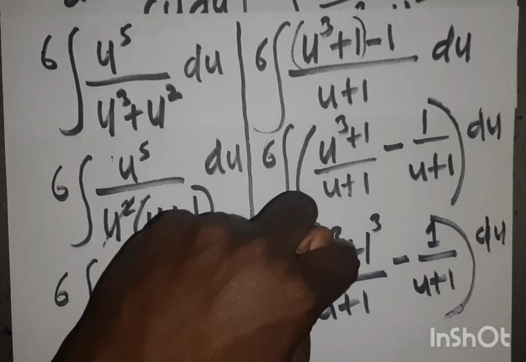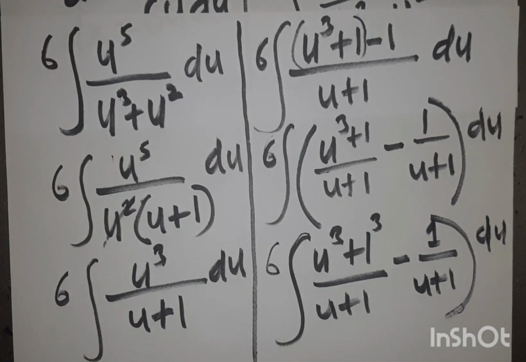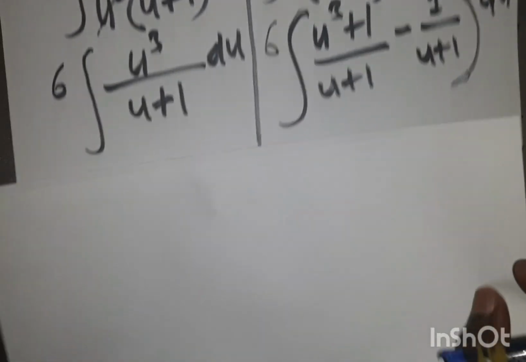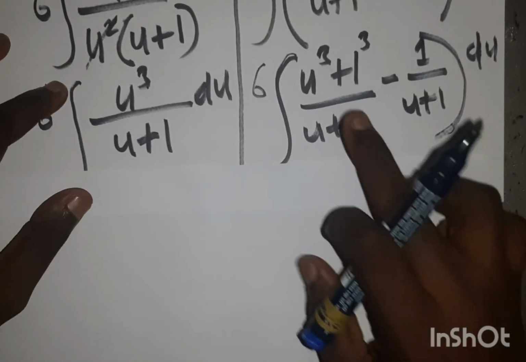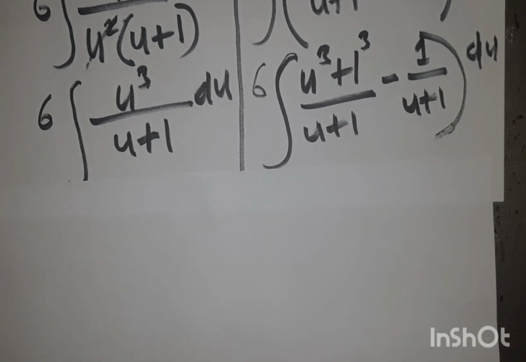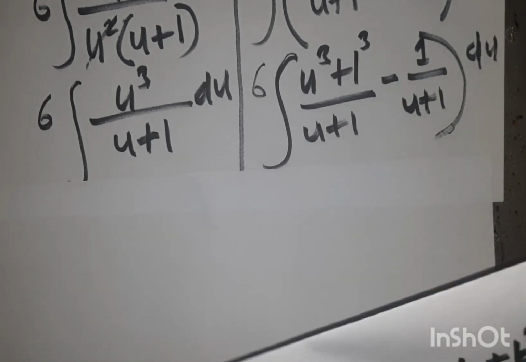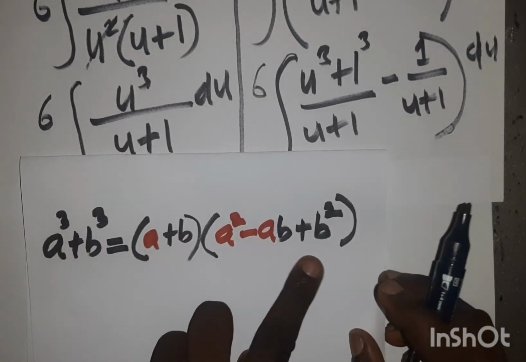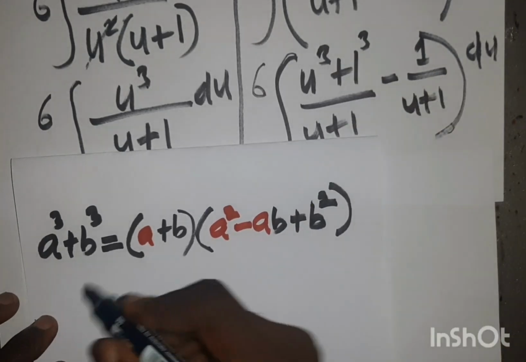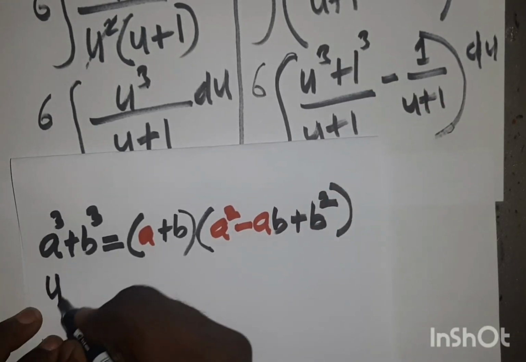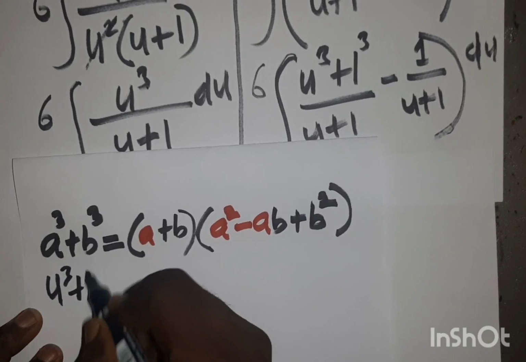So let me deal with this numerator here, writing that as a sum of two cubes. Let me evaluate this somewhere else. Using the algebraic identity for the sum of two cubes will make my work easy. So I have u raised to the power 3 plus 1 raised to the power 3.